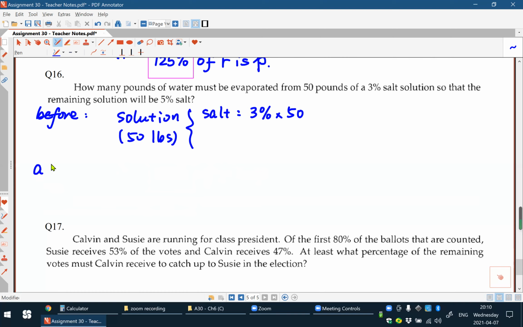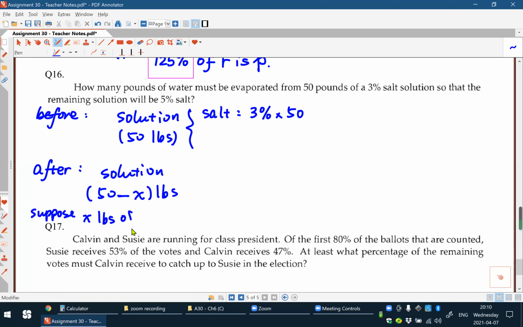And after we evaporated some water, the solution would be 50 minus X pounds, right? Suppose X pounds of water is evaporated.